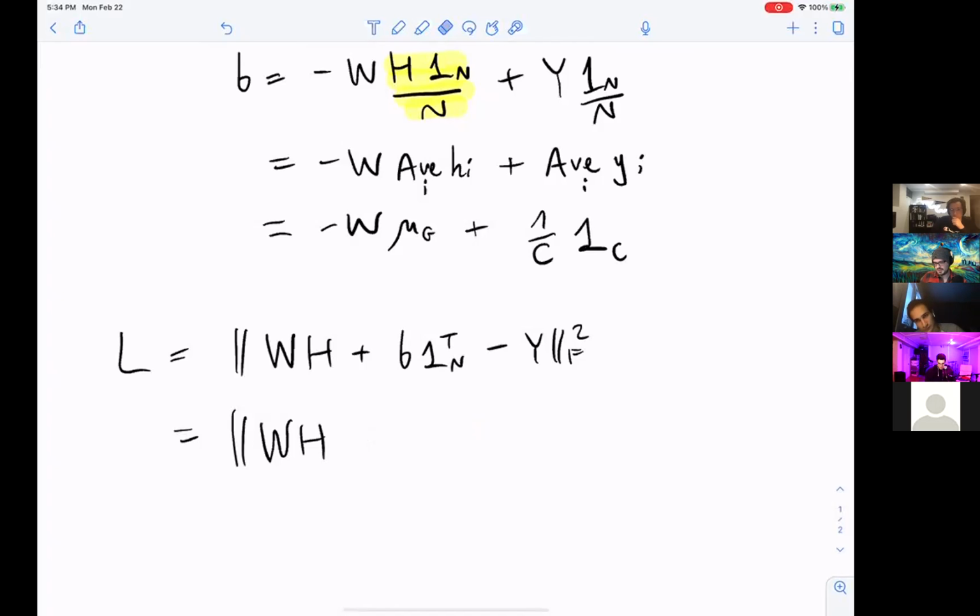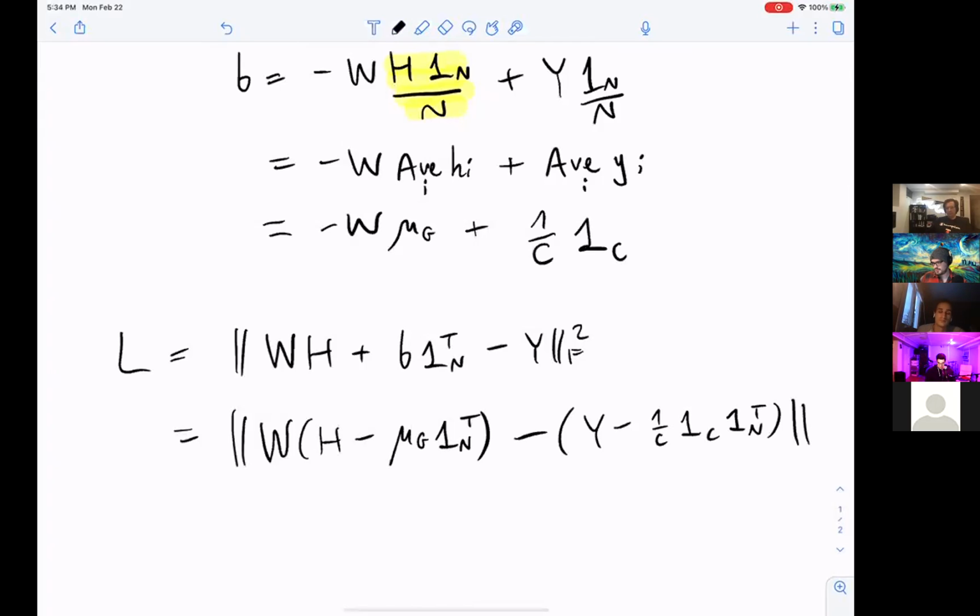So if I plug it in, I get, oops, mistake, mu G1_N transpose minus Y minus 1 over C, 1_C, 1_N transpose, if I didn't make a mistake. So you can recognize here, this is part of the bias and this is the other part of the bias. Does this make sense? It does make sense.